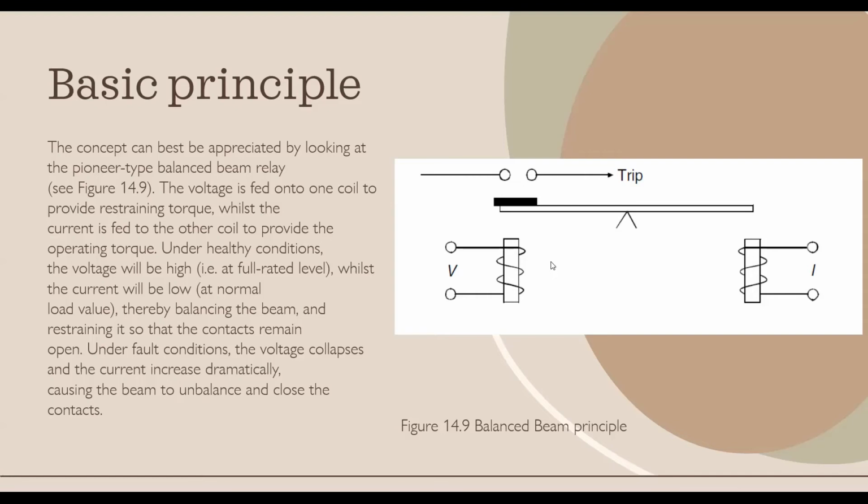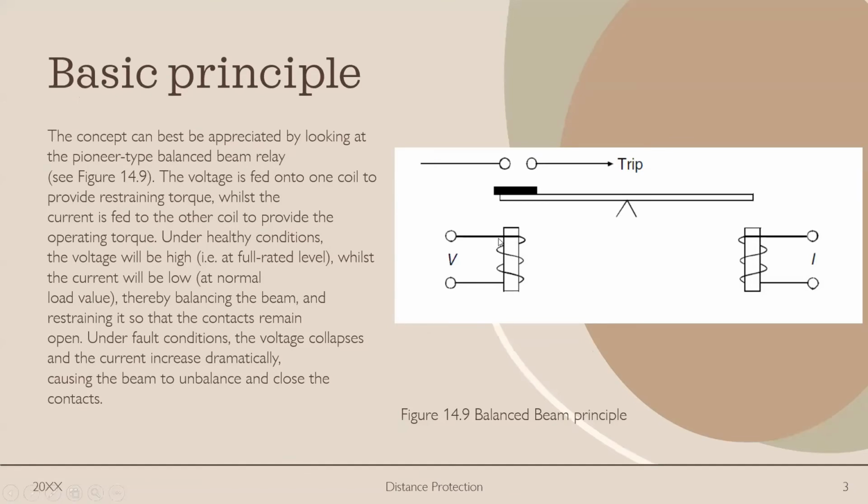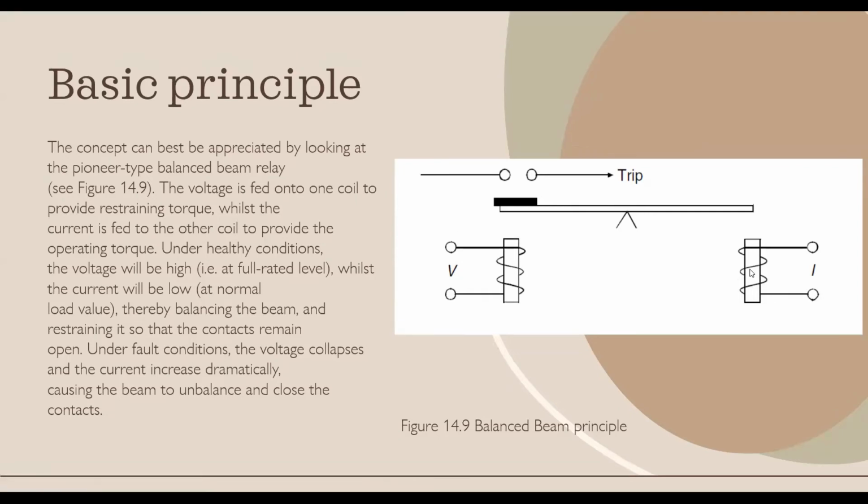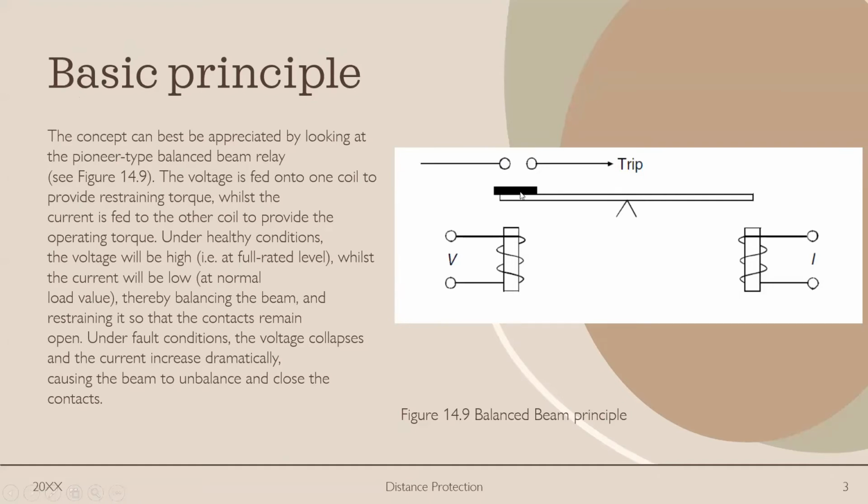Under fault condition, the voltage on this side collapses, and thus the current on this side increases exponentially, causing the beam to be imbalanced and thus trip or close this circuit, which clears the fault.